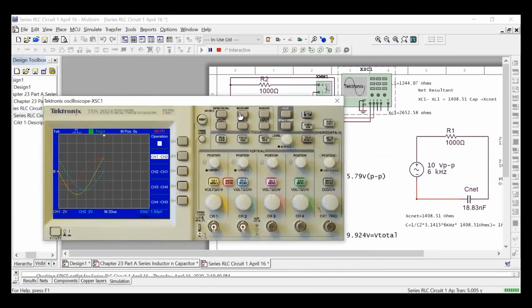Let's see if we get the phase change on here. Let's see what we get for phase change. I'm curious. It won't give me on this one. But let's see if I can put display.